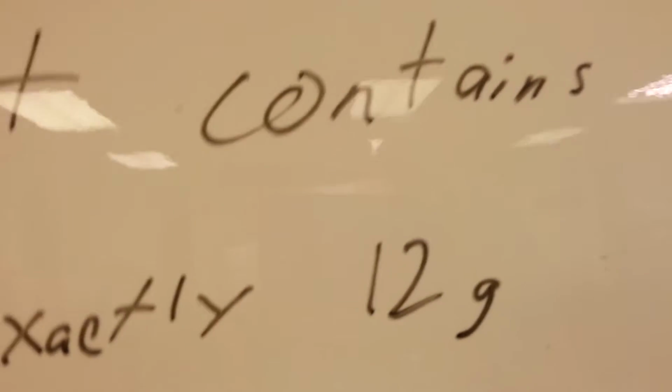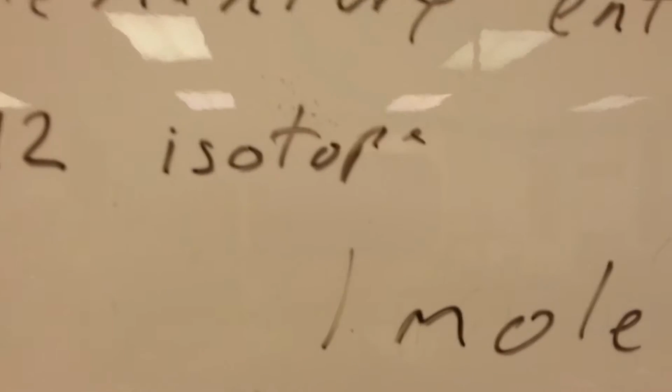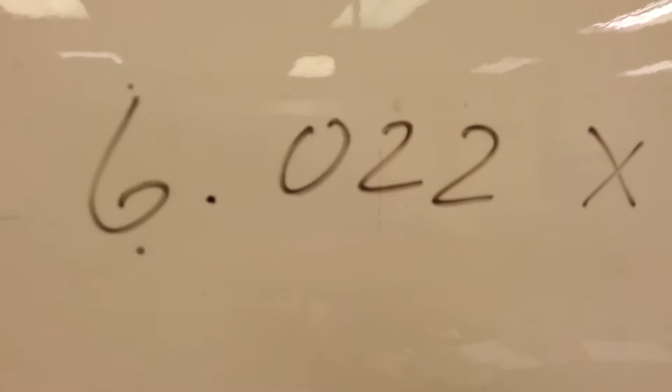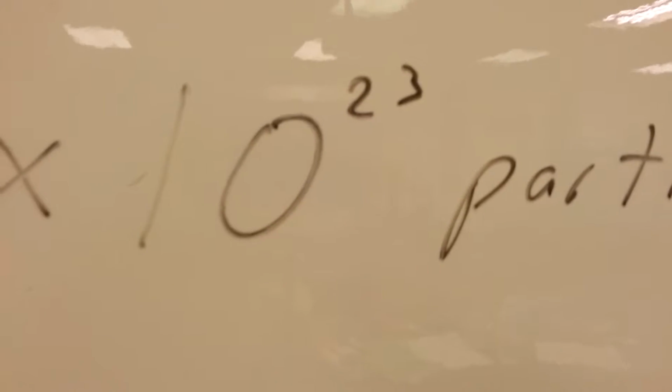Again, a mole is the amount of substance that contains as many elementary entities as there are atoms in exactly 12 grams of the carbon-12 isotope. 1 mole is 6.022 times 10 to the 23rd power particles.